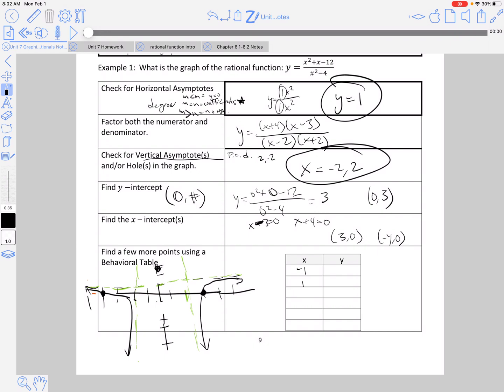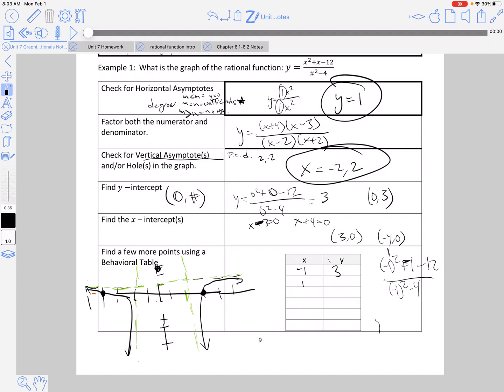When I plug a -1 in, I'm going to get (-1) squared plus 1 minus 12, over (-1) squared minus 4. -1 squared is 1. 1 minus 1 is 0, right? 0 minus 12 is -12, and then 1 minus 4 is -4, which is going to give us a 3. So when we plug in a -1, we get 3.